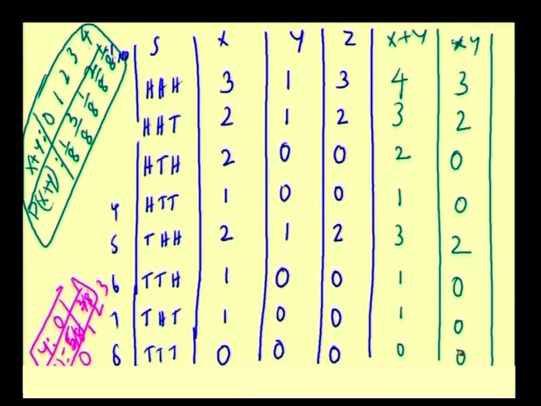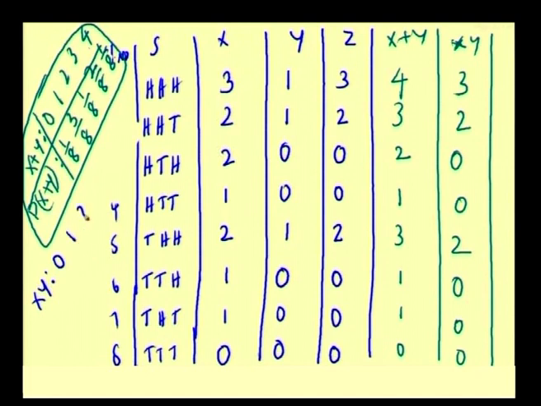So, what is the corresponding probability function for x into y? Write down the various xy values and count the number of zeros. Xy is taking the values 0, 2, 3. Even if it is not taking 1, you have to write down 1. It should be in order 0, 1, 2, 3.